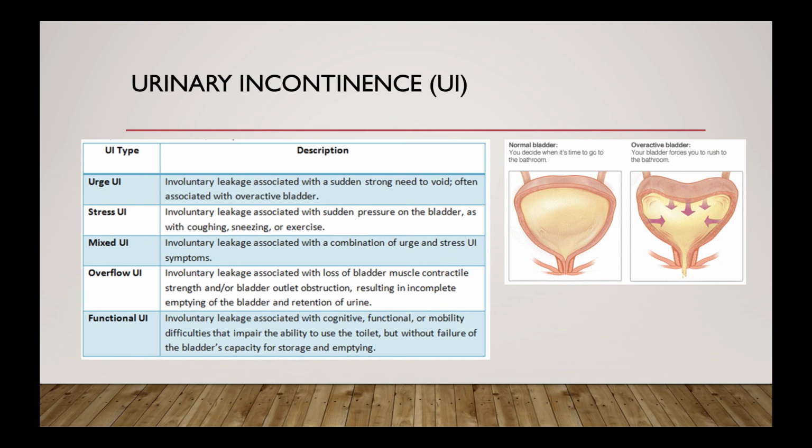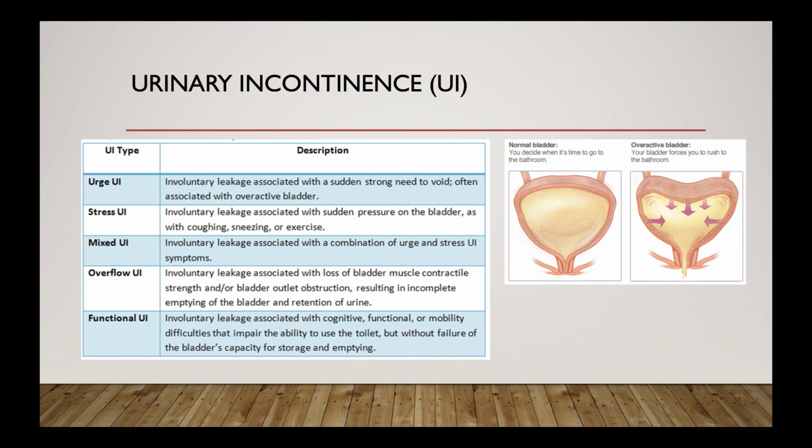Urge incontinence is a strong, sudden need to void, and you just couldn't control it with that external sphincter. Stress urinary incontinence is the coughing, sneezing, very common in women after childbirth, laughing too hard, anything that's really going to put pressure down there. We have a mixed one, which is the urge and the stress urinary incontinence combined.